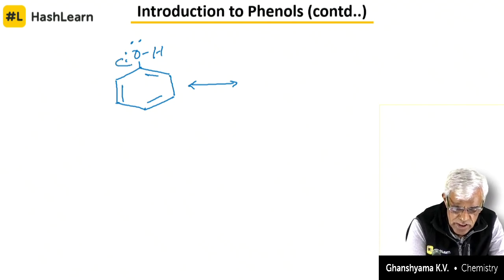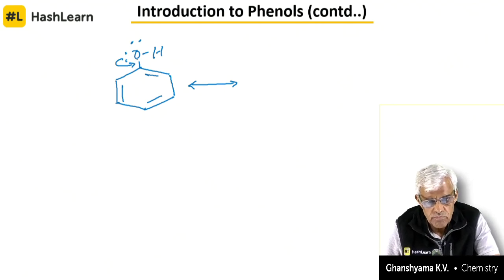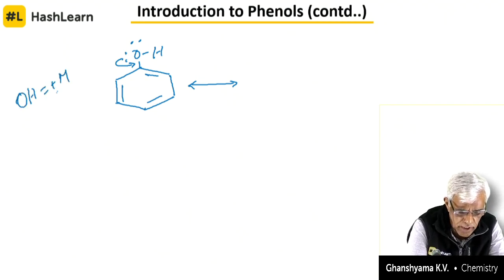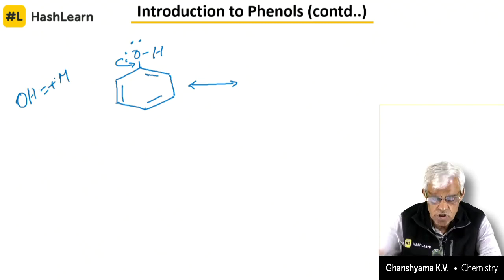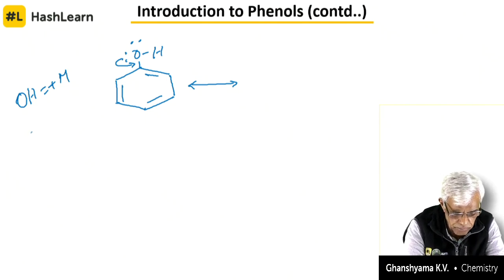So, delocalization, OH group is an electron pushing group. It has got plus M effect. OH has got plus M effect. Mesomeric effect, it pushes the electrons into the benzene ring, activates the benzene ring.